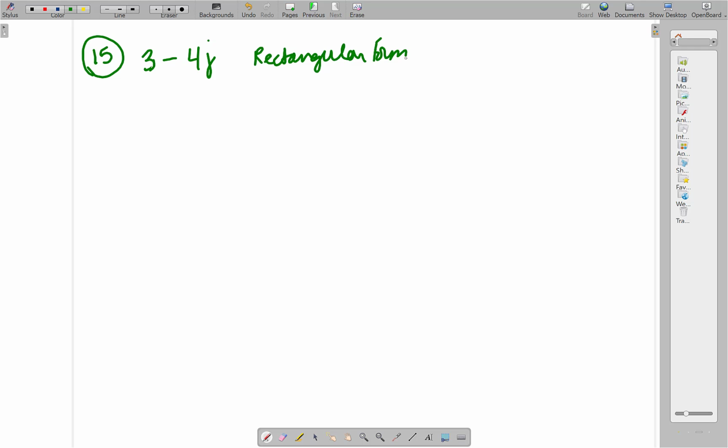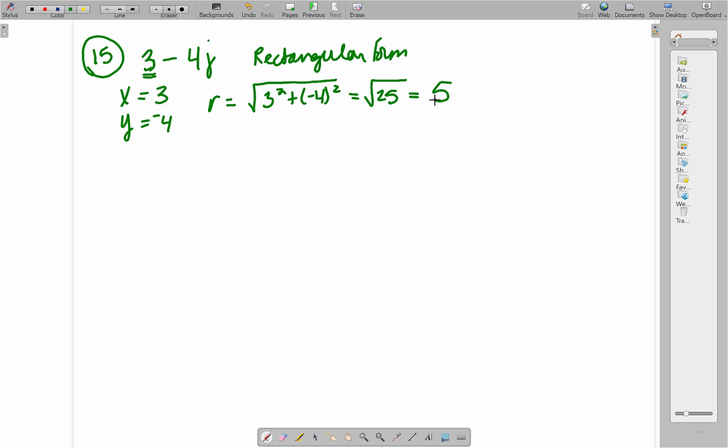So we start with x equal to 3 and y equal to negative 4. What will r equal? R will equal the square root of 3 squared plus negative 4 squared, which equals the square root of 25, which equals 5. So r equals 5.